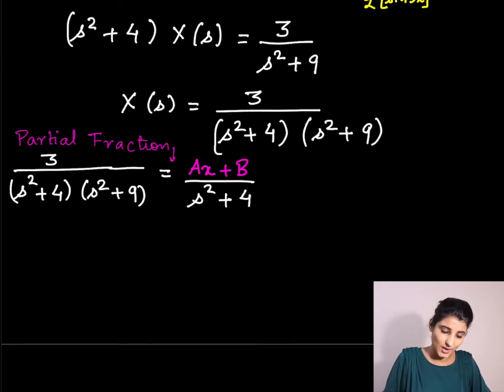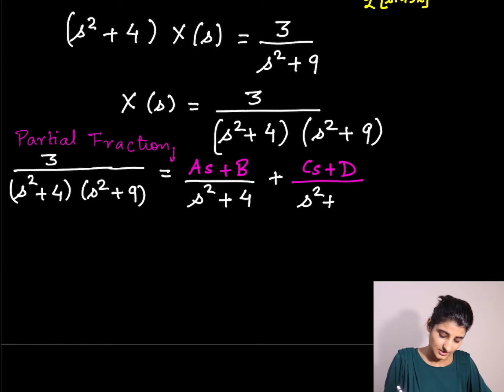For the second quadratic term, which is s square plus 9, we will write, sorry, not x, but I meant s, because our variable is s. For s square plus 9, we will write cs plus d divided by s square plus 9.